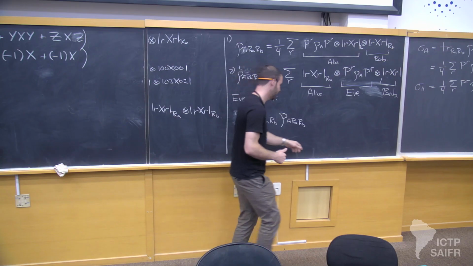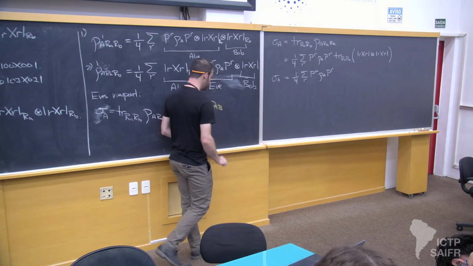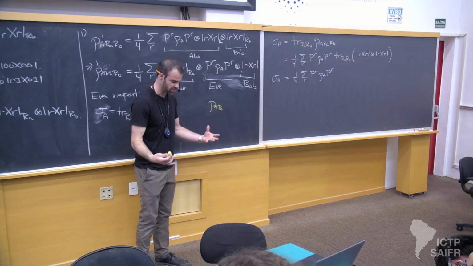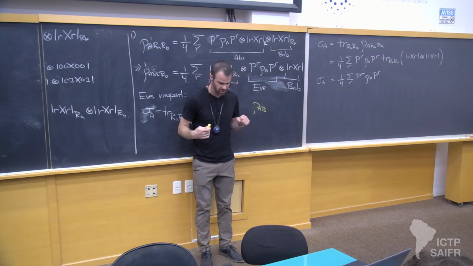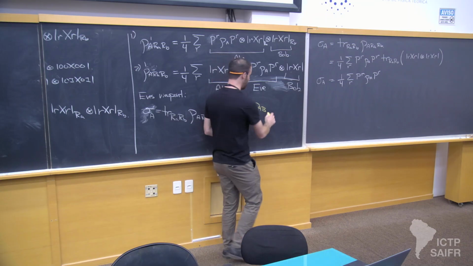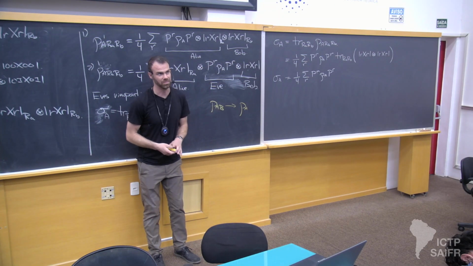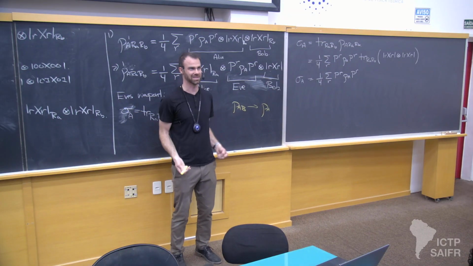If I have a state on A, B, I have some systems in my lab. I have the A system and the B system. And then I take B and I throw it in the garbage and I stop looking at it. Then what I have left is described by the density matrix on A. That's the physical process that is tracing out.